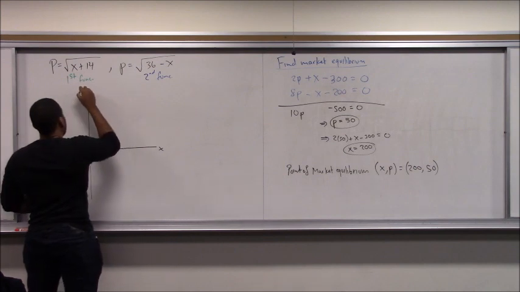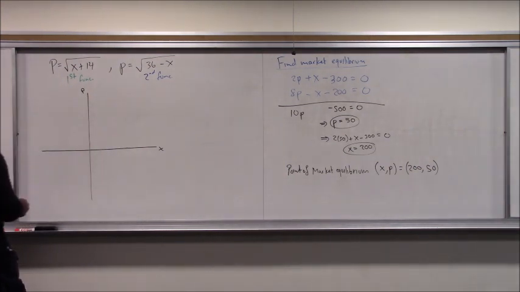Put x here and p here. What would that look like? The square root of x plus 14. It will hit minus 14 where?